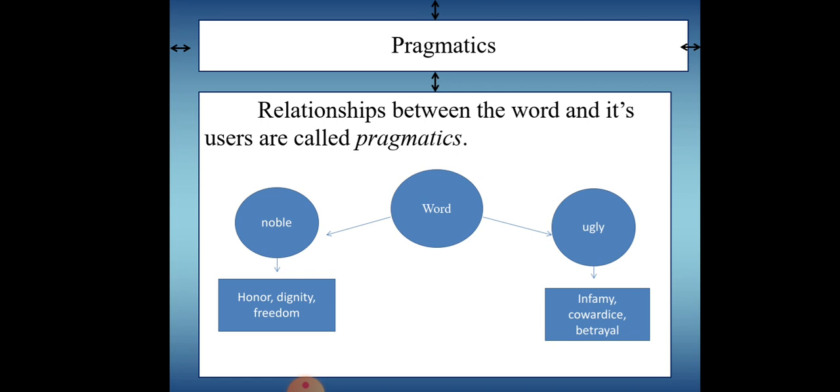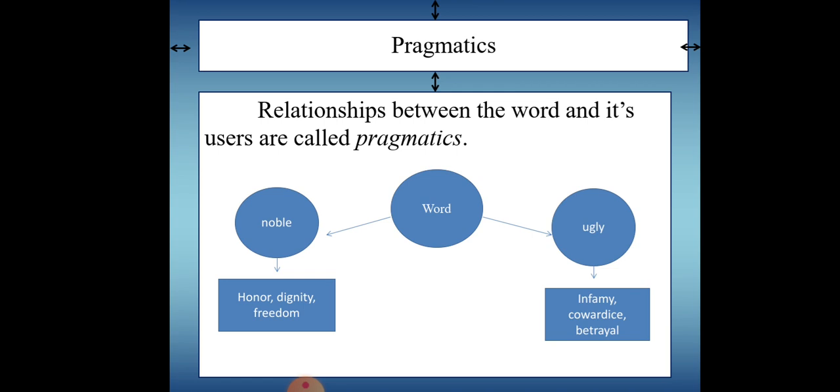There are noble words like honor, dignity, freedom, and low words like infamy, cowardice, betrayal. Words can be nice or ugly, attractive or repulsive. Such relationships between the word and its users are called pragmatic.